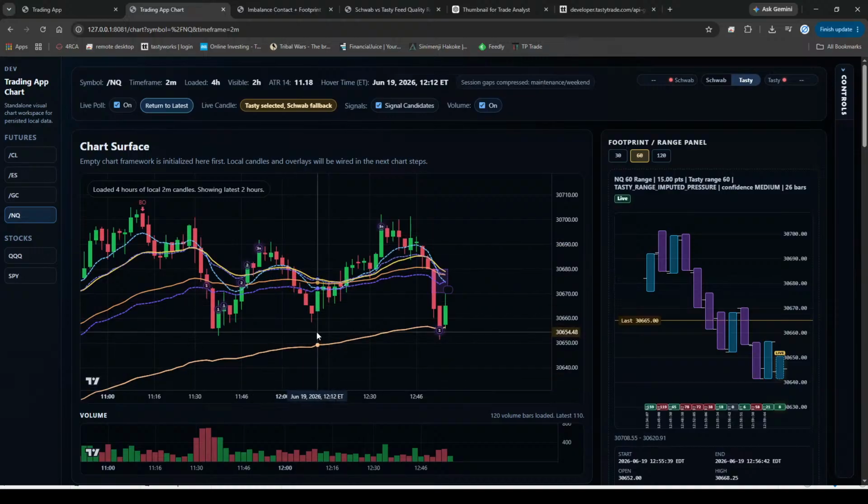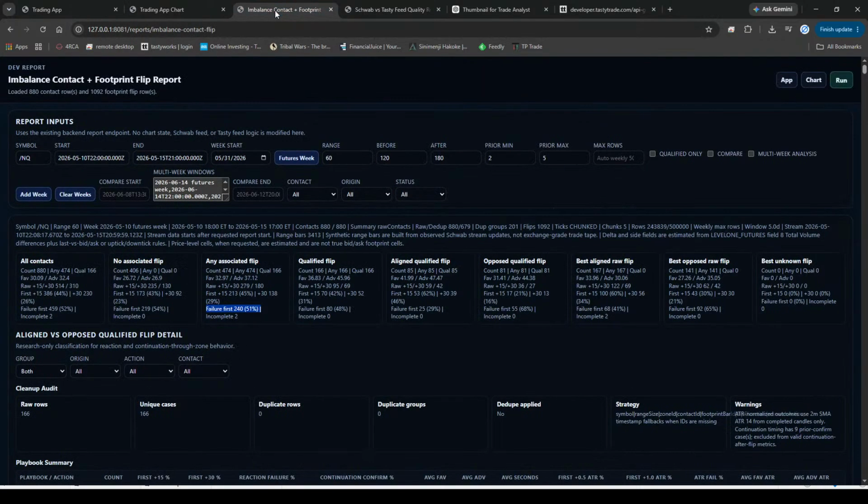But how do we know that if it's red, what's the odds of it going to be red again? We don't know. But if we start looking at history and looking at series of candles and setting up conditions for these candles, then what happens? And so that's what this imbalance report is.